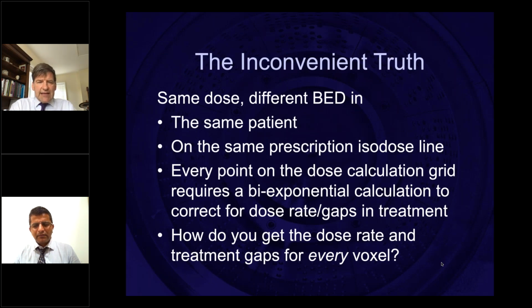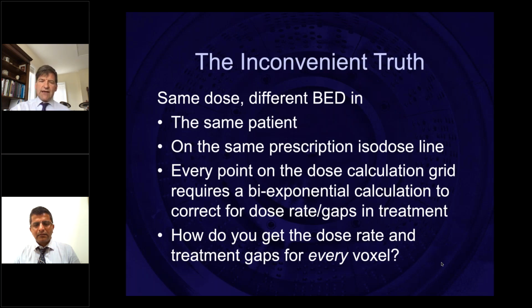We've got the same physical dose, but we can have a different BED in the same patient on the same physical prescription isodose line. Unfortunately, every point on the dose calculation grid requires a bi-exponential calculation to correct for dose rate or gaps in the treatment. And that's very difficult to do.